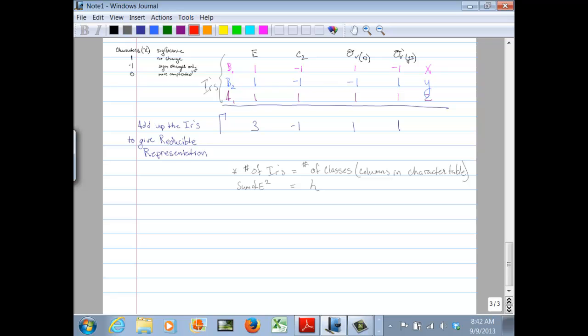So by inspection, I can just say that my last irreducible representation is going to be 1, 1, negative 1, negative 1. And that would be my A2. You'll never have to find the irreducible representation because you can find it with the character table, as long as you can assign the point group. I'm only telling you this so that you understand where these come from.